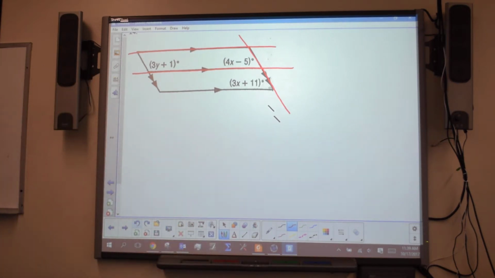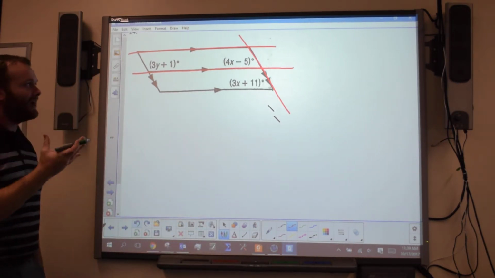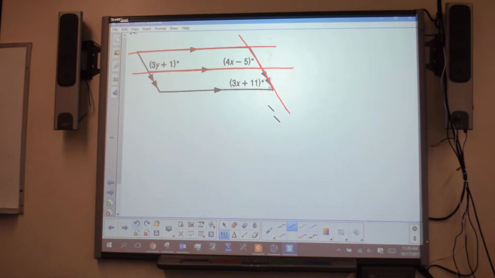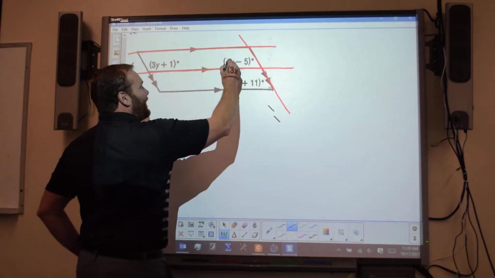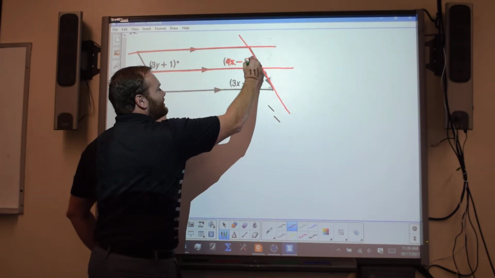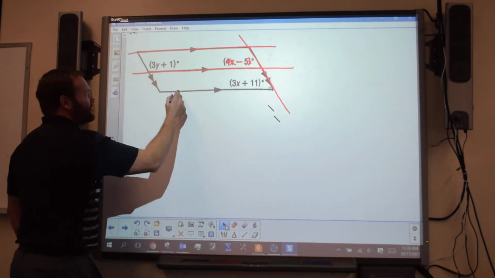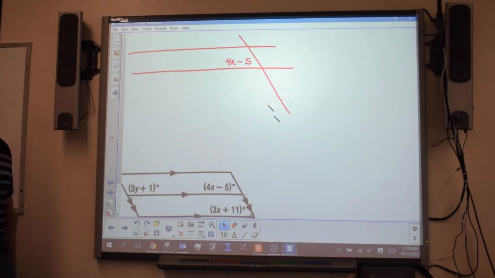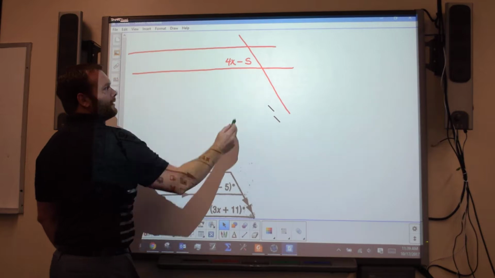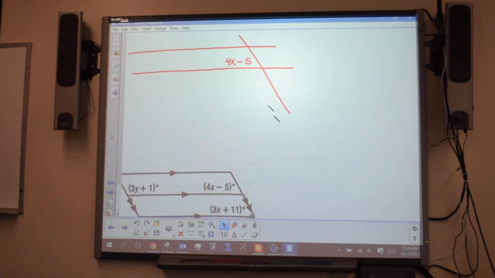Okay, so if I do that, I'm trying to visualize the angles that are created by those parallel lines and that transversal. And the only angle that I see here is that 4x minus 5. Because if I take the picture out, that angle right here is the only one that I can know its particular value, or the expression that represents its value, by looking at those parallel lines and that transversal.